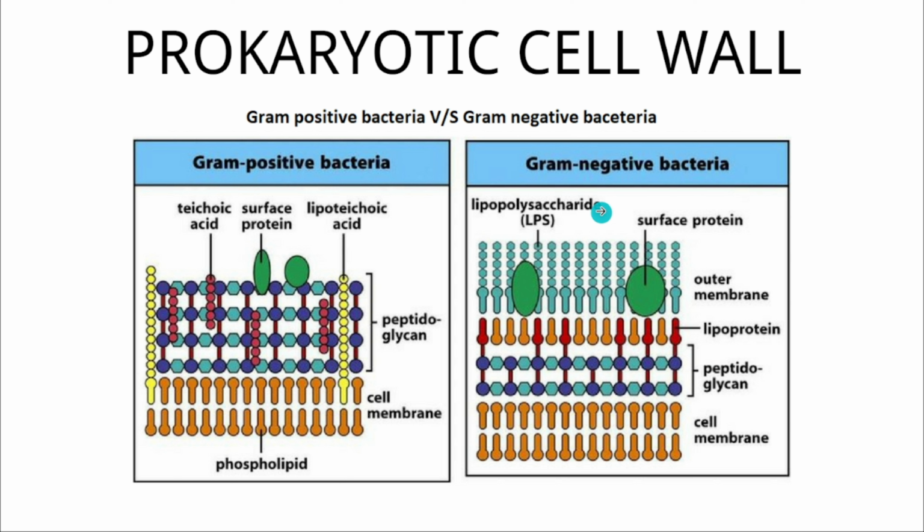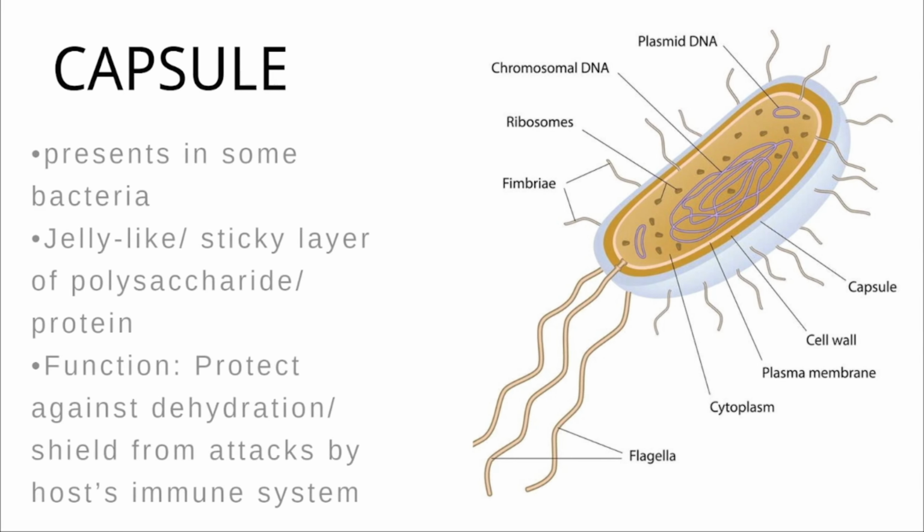Positive is thick, negative is thin, so you need to differentiate them. In the exam, if they want you to explain the characteristics of prokaryotes, you can include this, maybe if the essay question asks for it.